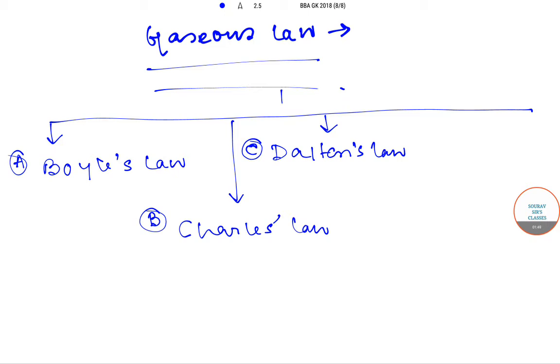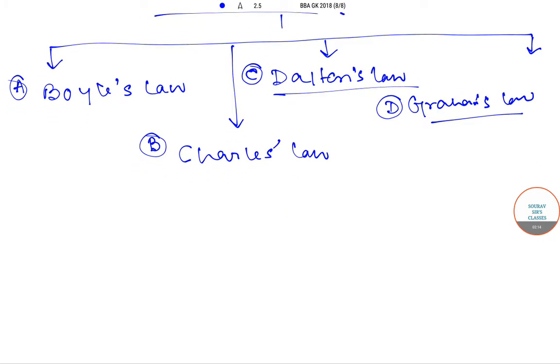The last one, option D, is Graham's law. Graham's law is a law of diffusion, and Dalton's is a law of partial pressure. Okay, so let's start with Boyle's law.